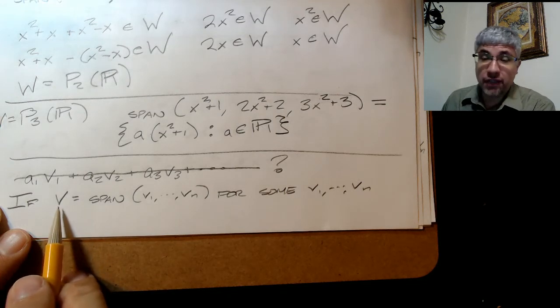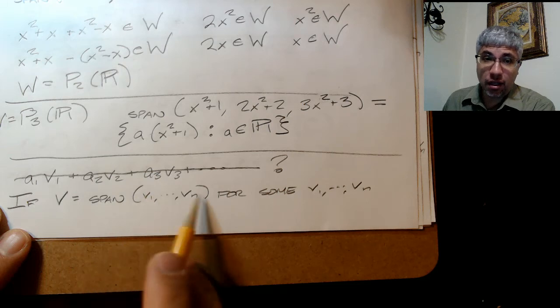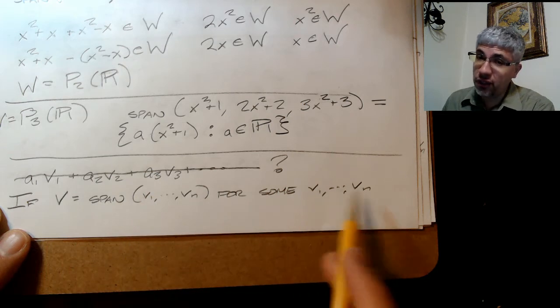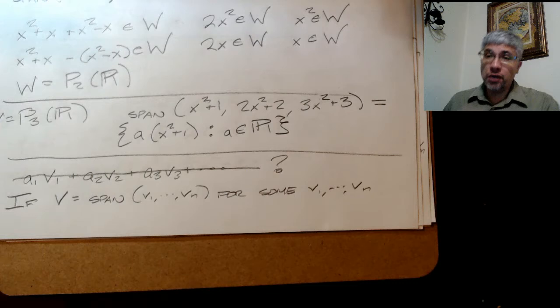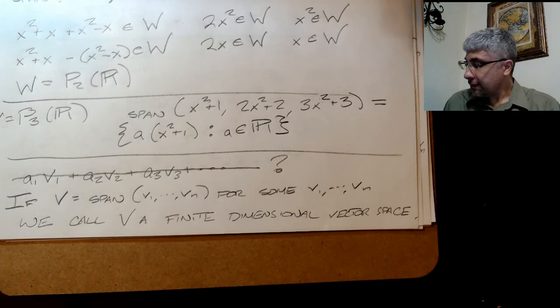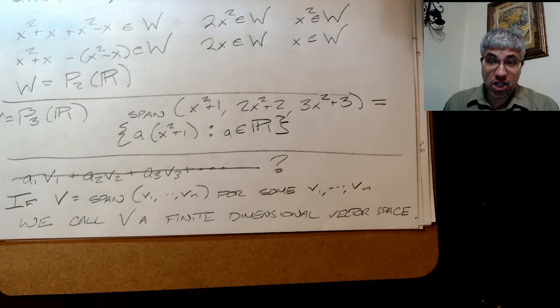I might just be given a V, but if V happens to be the span of the vectors v1 through vn, for some v1 through vn, that is a new definition that is going to be important.